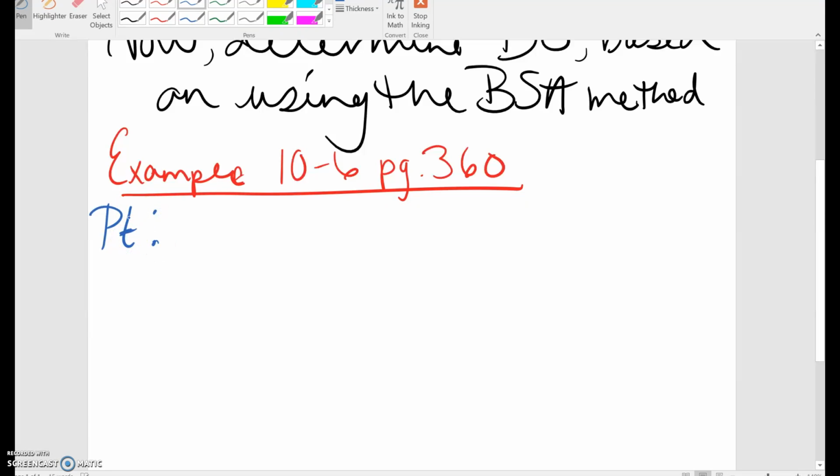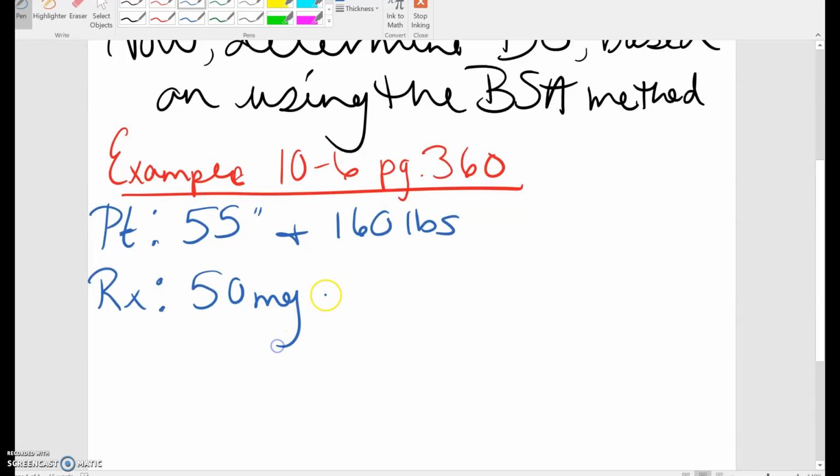So the information that we have so far is that the patient is 55 inches tall and 160 pounds. It tells us that the order is 50 milligrams per meter squared per dose.